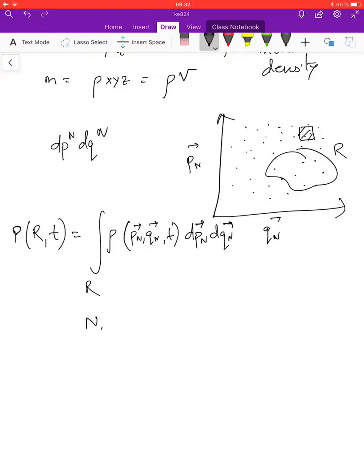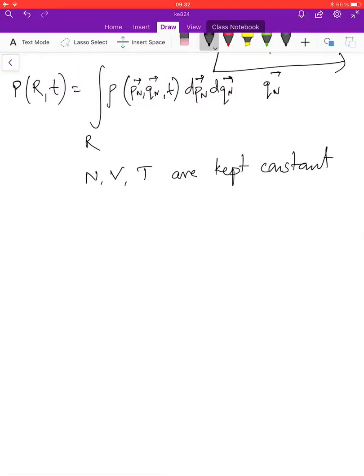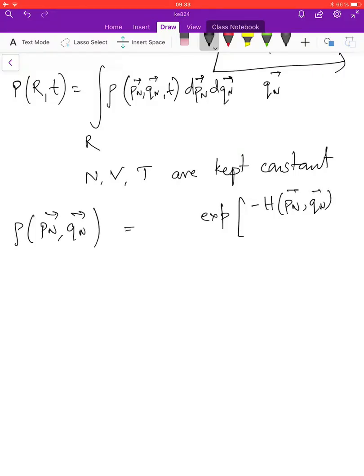Now if N, the number of particles, the volume of the box, and the temperature are kept constant, then it can be shown analytically on pen and paper that the probability density function is equal to the exponential of the Hamiltonian, which we have already seen, divided by the Boltzmann constant multiplied by temperature.